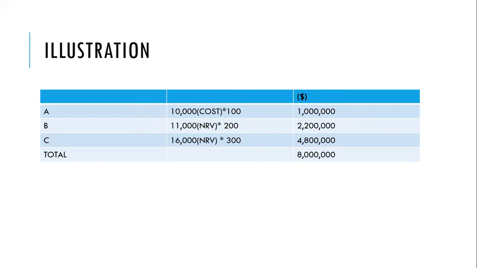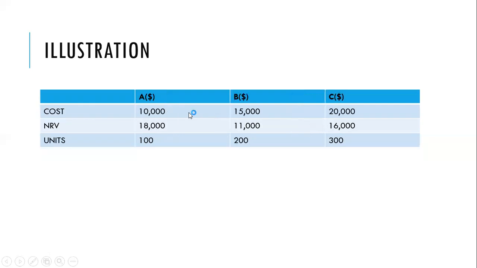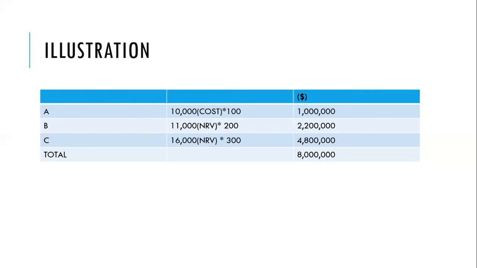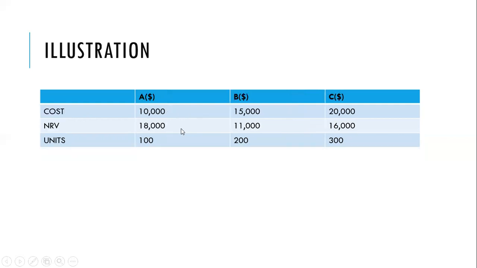So that is how we actually implement IAS 2 in this case study. So look at the answer now. A is 10,000, so we pick 10,000 as the monetary valuation multiplied by the number of units. So that will give us $1 million. Then we pick 11,000, the NRV, because the NRV is lower than cost in this case.